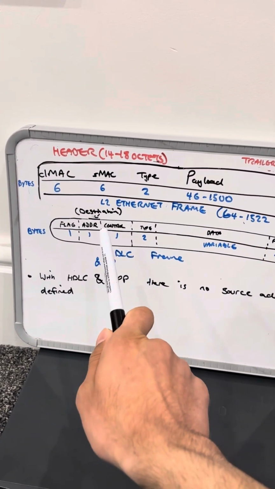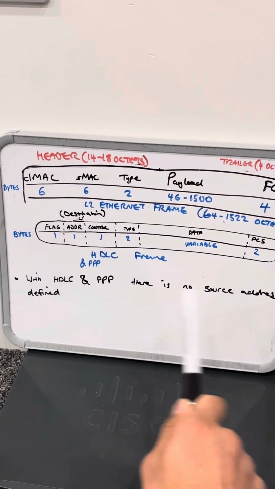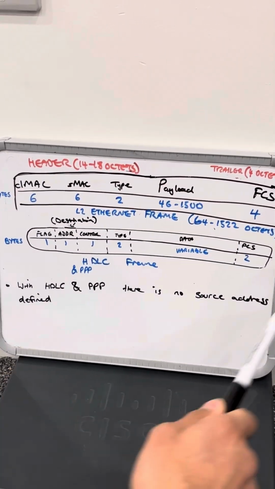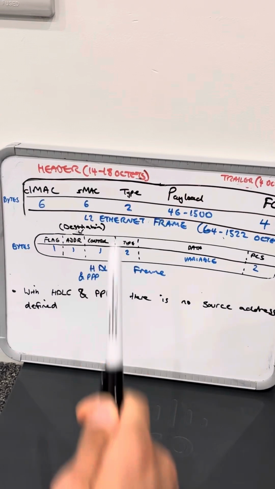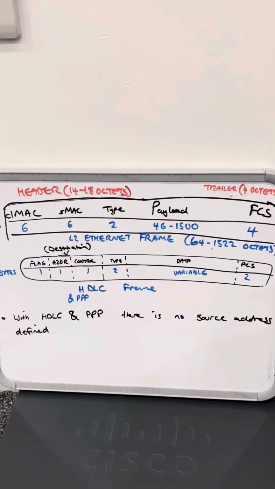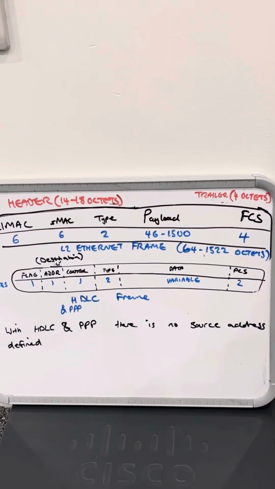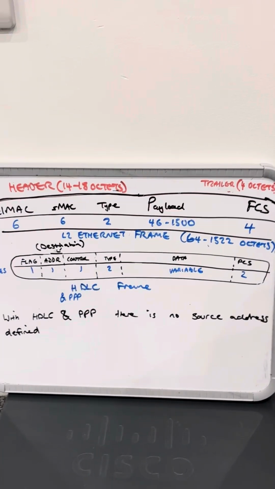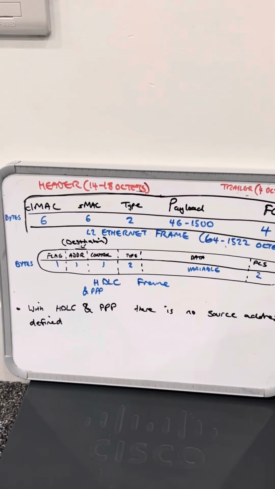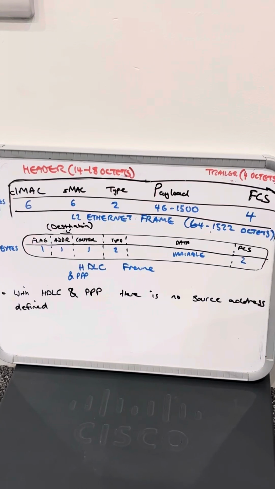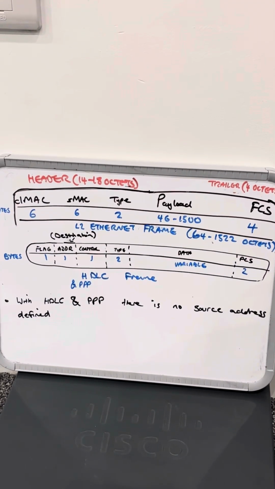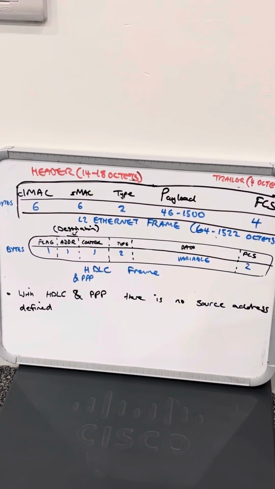Important to remember, with HDLC and PPP there's no source address defined. It just has a destination address. And when you think about it, it makes sense because it's only coming from one place. Because it's a point-to-point link, there are only 2 nodes, one on each end, so it's obvious where it's coming from.